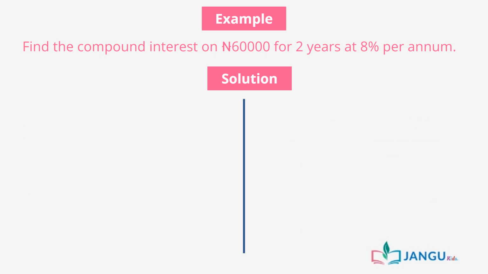64,800. Next, we find the interest gotten in the second year using the same formula we used to solve the first year. The principal now is 64,800 instead of 60,000.